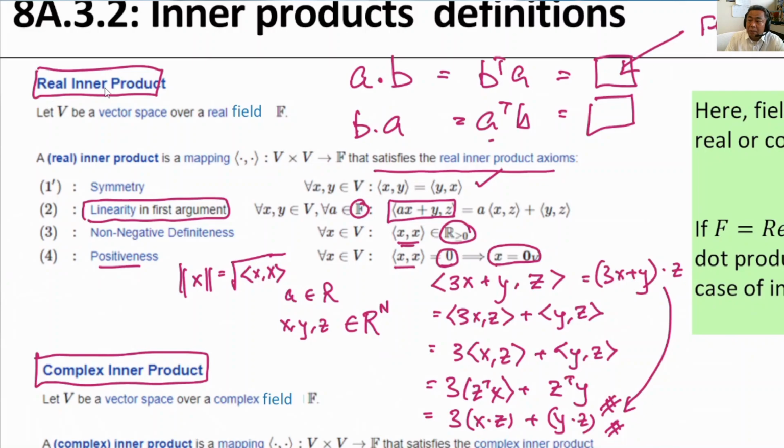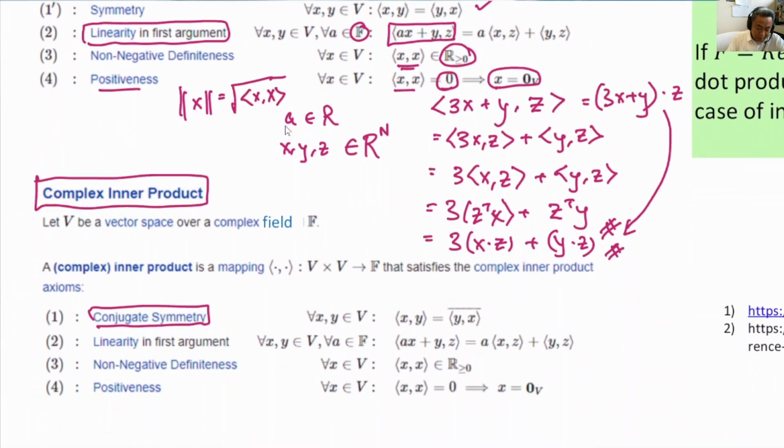What about the complex inner product? What changes? Well, the real inner product means we are defining this operation of v times v over the real field. What does over the real field mean? Let's take a look. Where is the real number that is going to change things, making it a complex number?